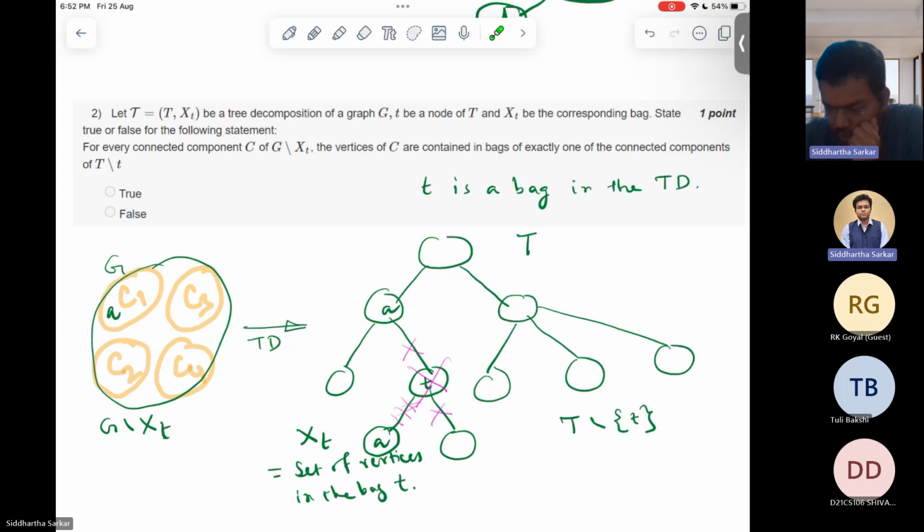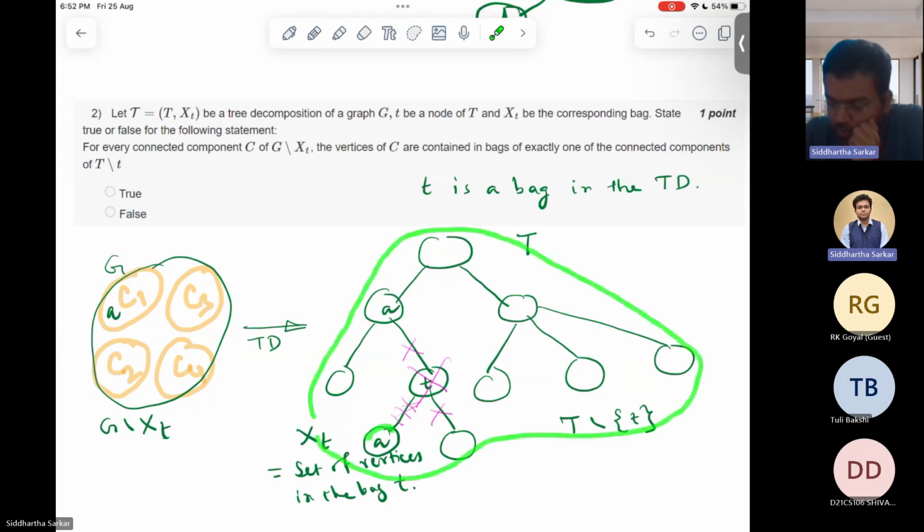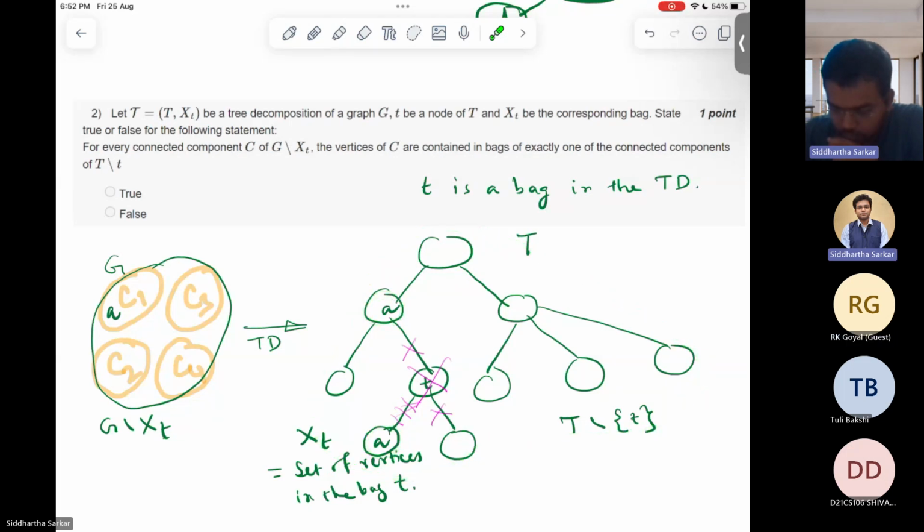In a tree, because it is a tree, there is a unique path from every node to every other node. So if you consider for contradiction that in a component C, there is a vertex A which is in a bag on this side of T and also in a bag on this side of T, then the path connecting this bag to this bag must go via T, because this is a unique path.